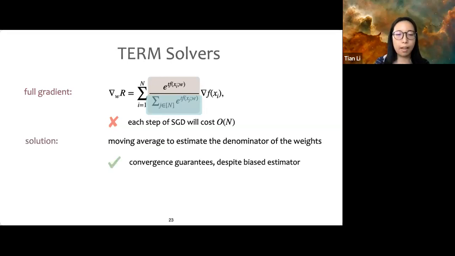How to mitigate that? We just do some moving average to estimate the denominator of the weights. So the moving average can be a linear combination between the previous estimate and the current sum of e to the power of t times f in the current mini batch.